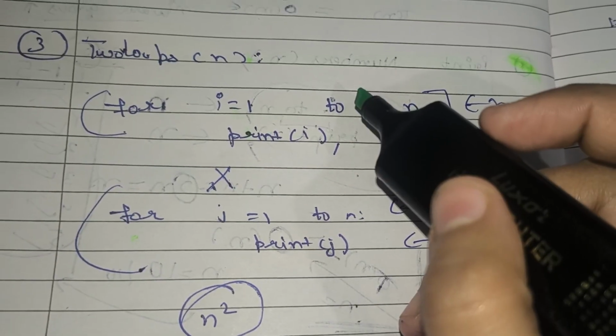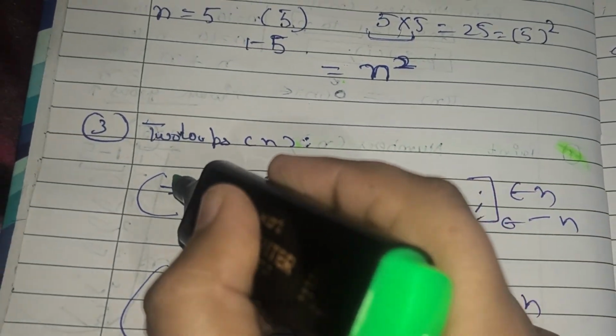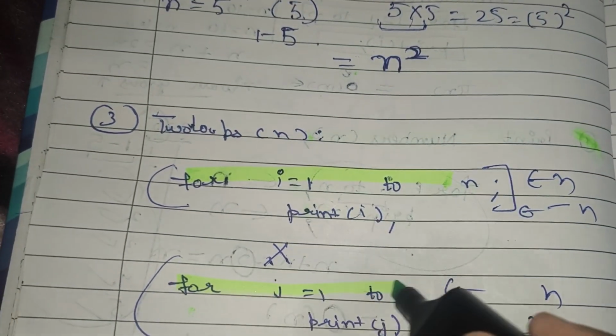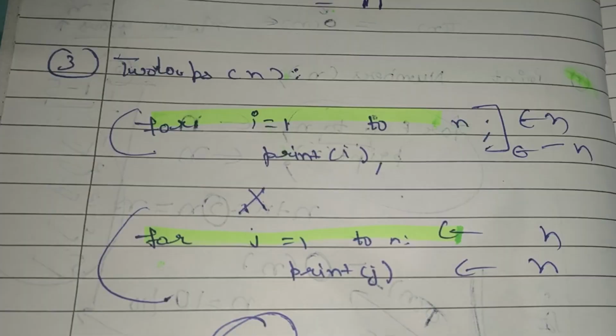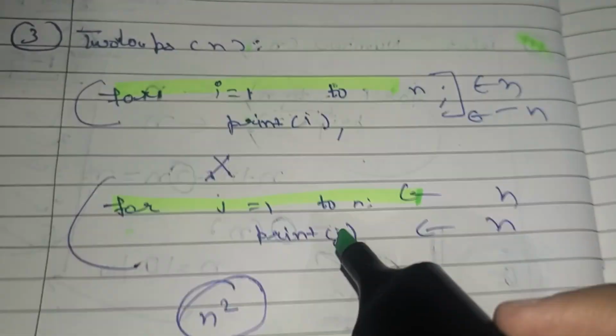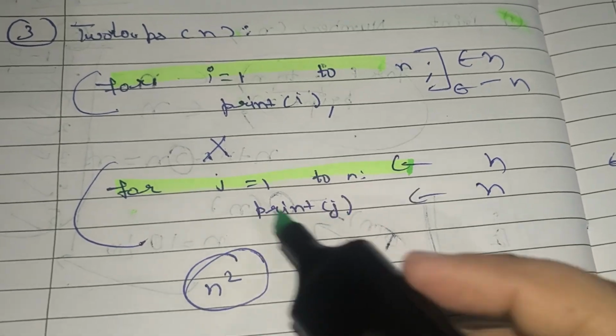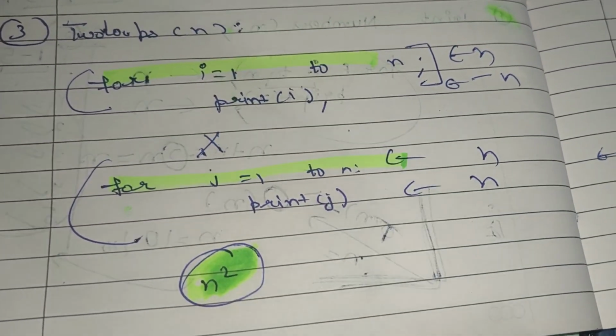We again have two loops, but this time they are not nested. They are not dependent on each other. They both are different loops. In the previous case they were nested loops, but now they are not nested, so they are not going to be n square. Let us calculate the time complexity.